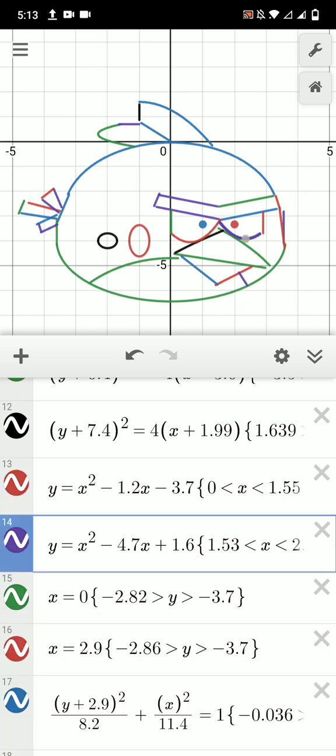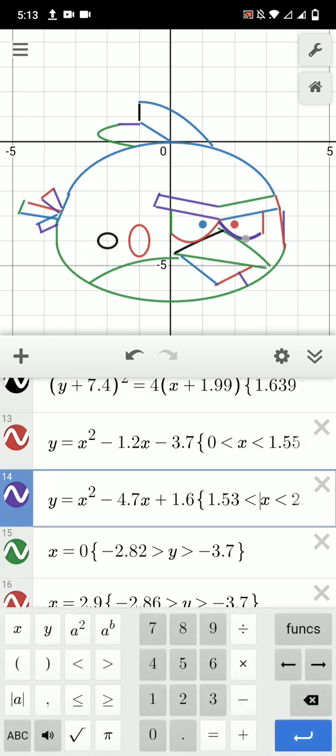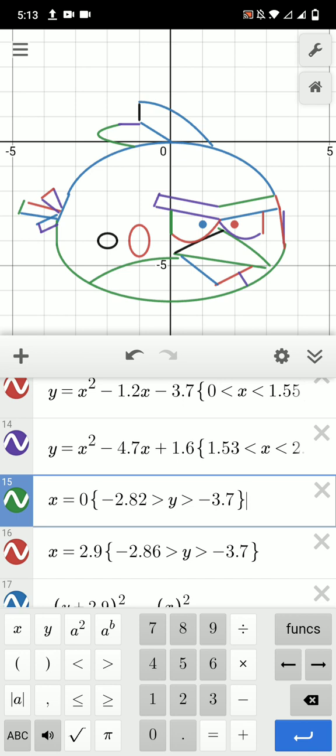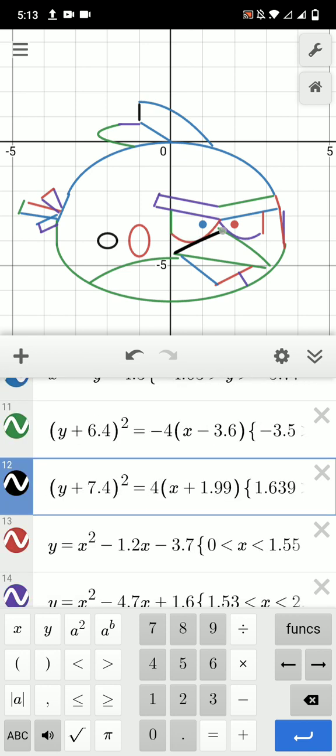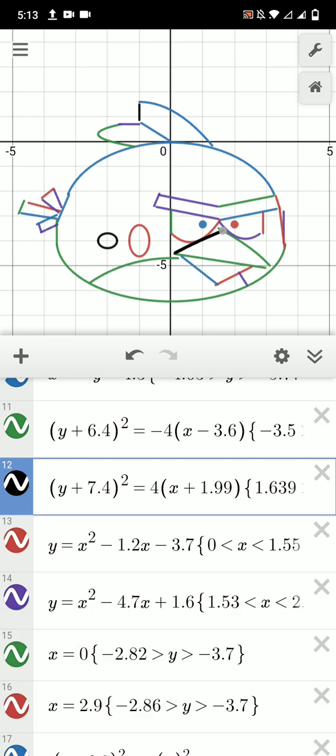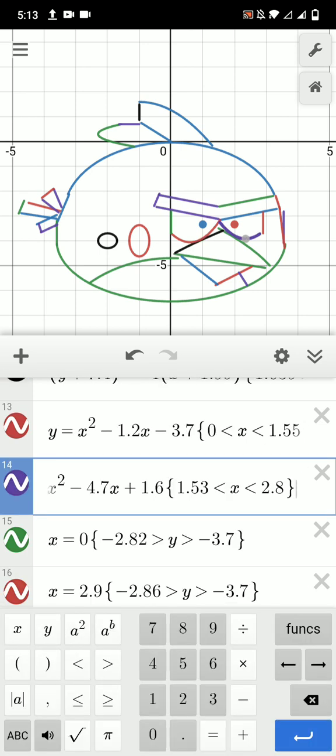And then the other part is y = x^2 - 4.7x + 1.6, with the domain of x greater than 1.53 but less than 2.8.